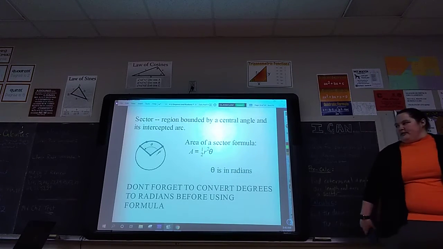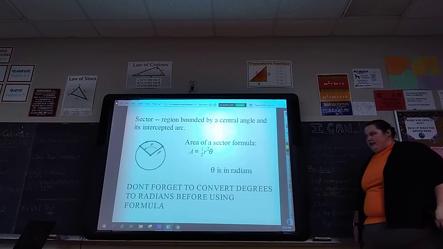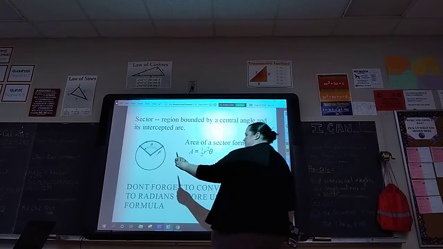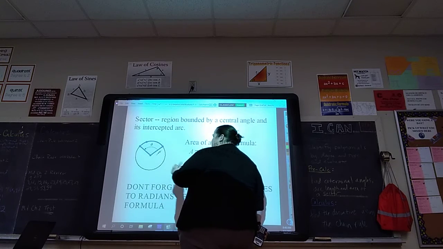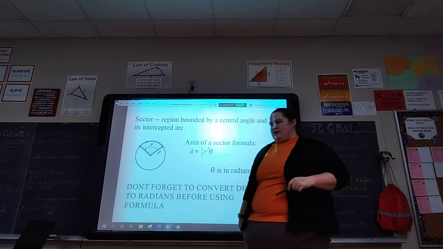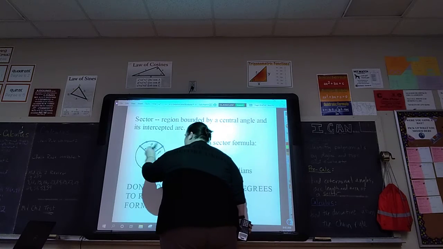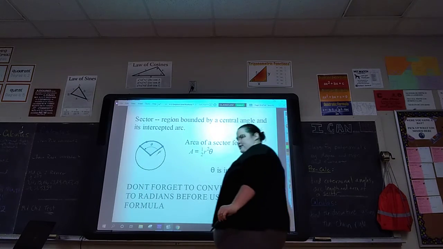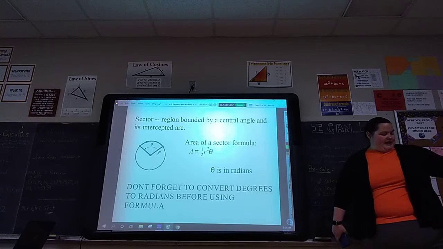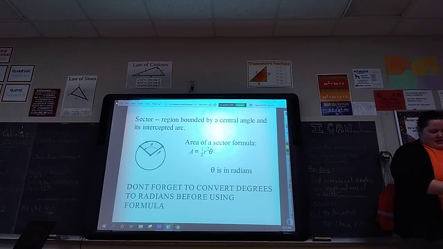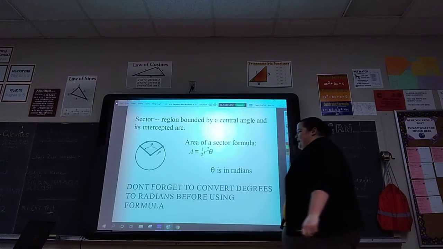So we use it to find this little distance of the circle, but we can also use the same bits of information to find this little area that's shaded in blue on my screen, but not shaded on yours because it had to get copied. The formula is just a little bit different. Okay, so it's the same information.